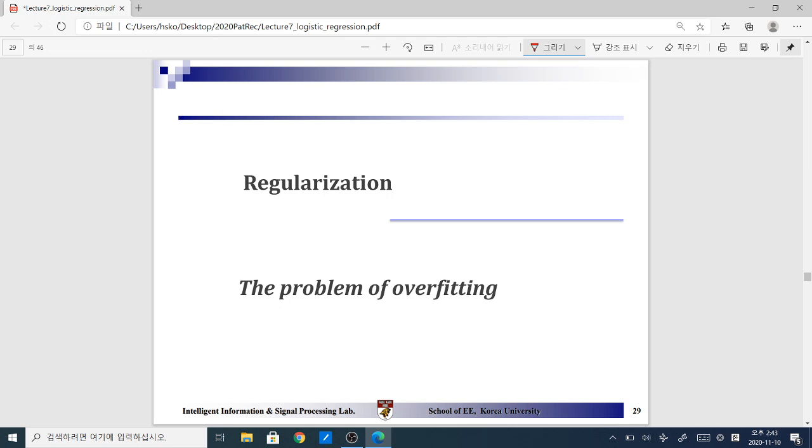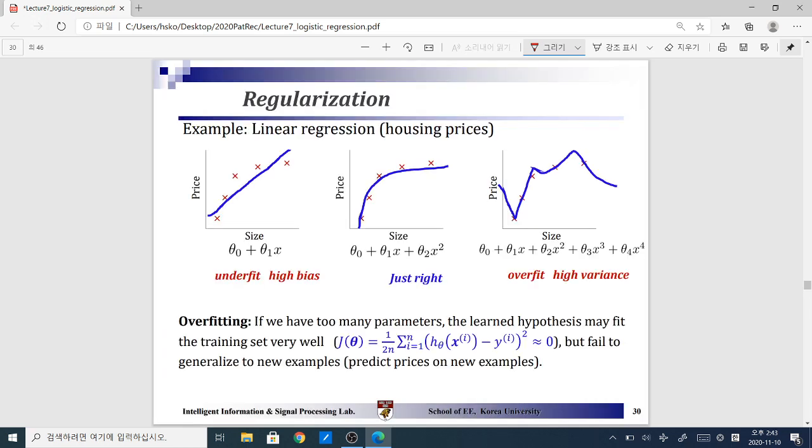And the next topic that I want to talk about out of the material here in lecture 7 is regularization, in order to solve the problem of overfitting. If you can recall back in lecture 1, long time ago, we talked about the overfitting versus generalization problem.